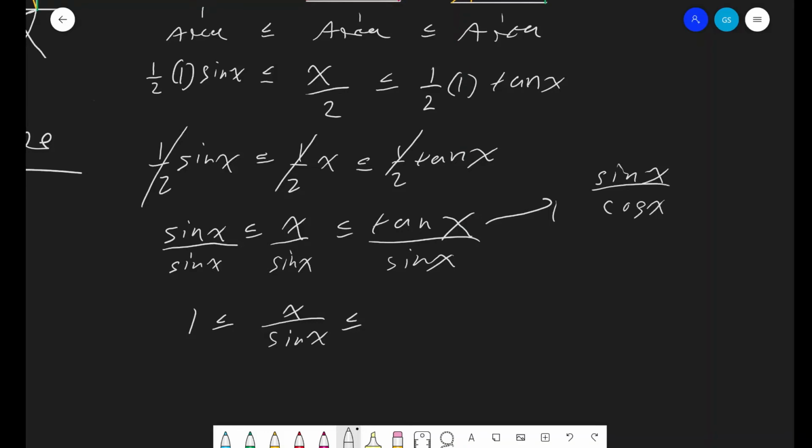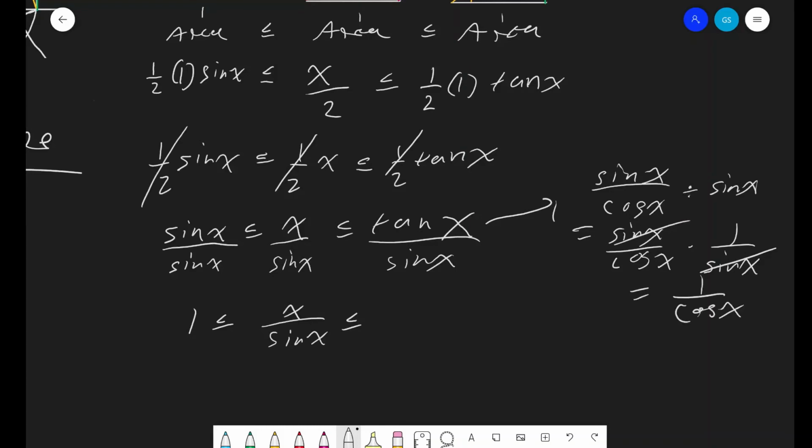So when we're dividing by sine x, I'll do this extra step to be as clear as I can. Take the reciprocal, basic math you already know, this just becomes 1 over cos x. So tan x divided by sine x is just 1 over cos x.